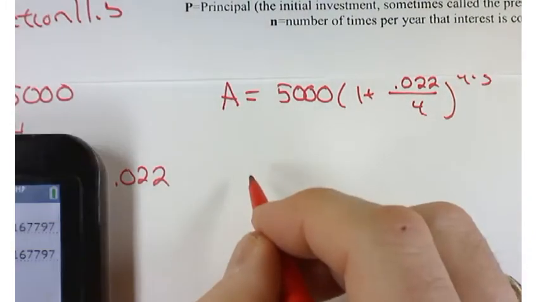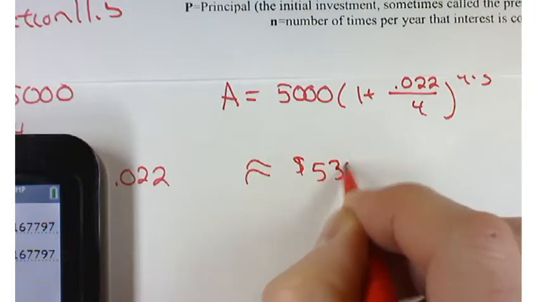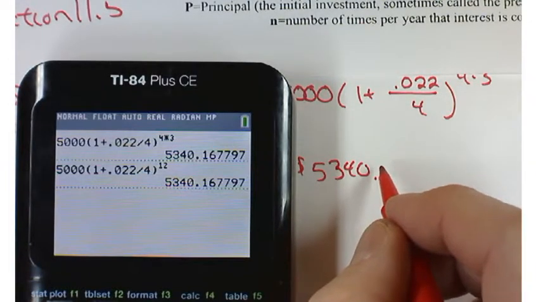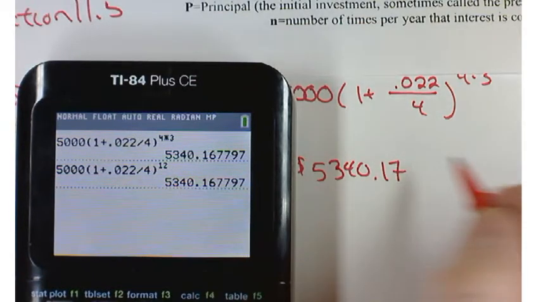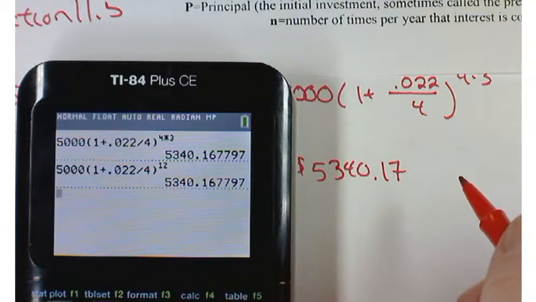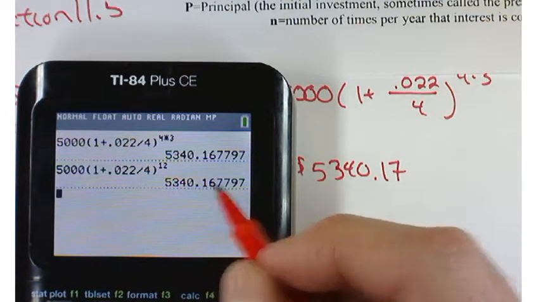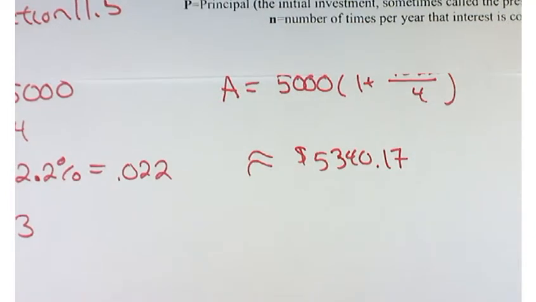So rounding this to the nearest penny, this should be $5,340. Point what? 17. Yeah, you want to round up in this case because this number is 5 or more, so we're going to round up when we round to the nearest hundredth. So we're looking okay on that one?